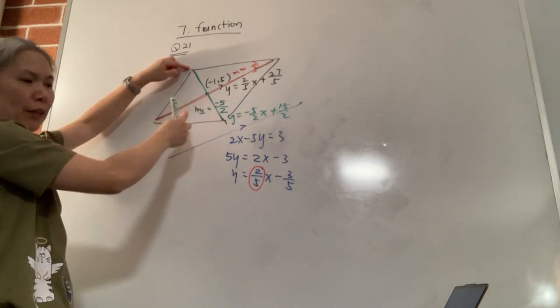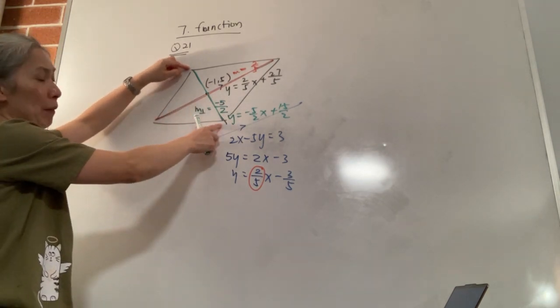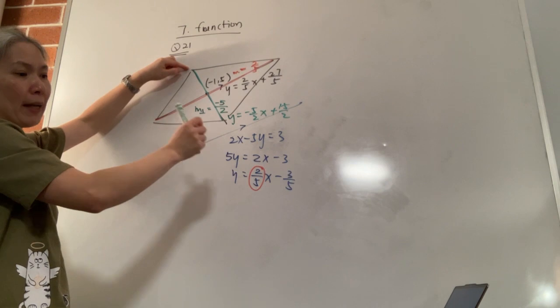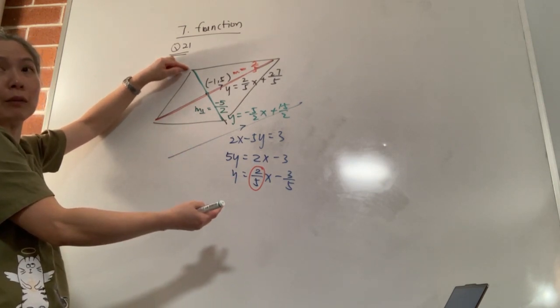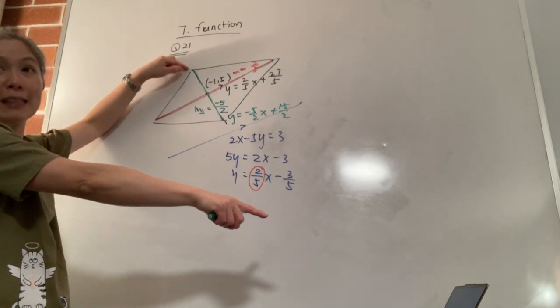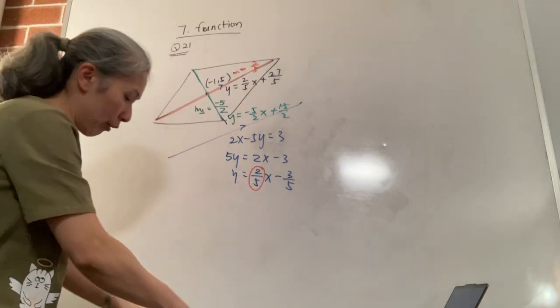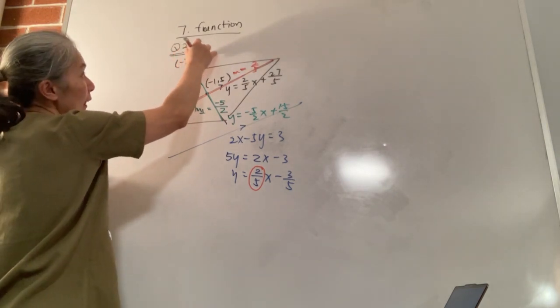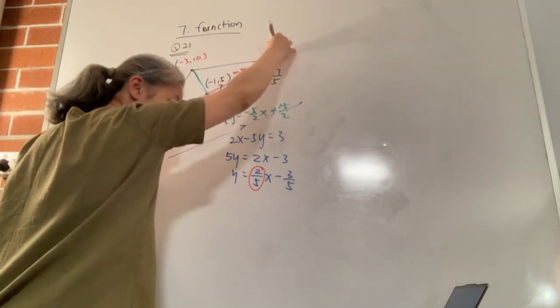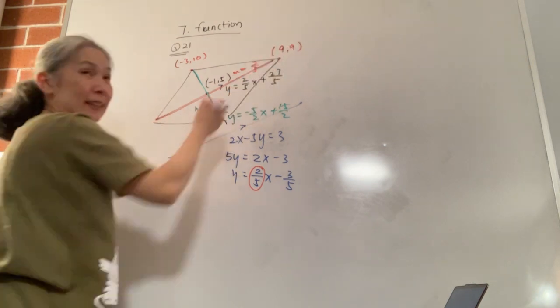Mentally calculating, 9 plus -3 divided by 2 gives 3, which is not -1. So the two given coordinates should be one here, which is (-3, 10), and the other one there, which is (9, 9).